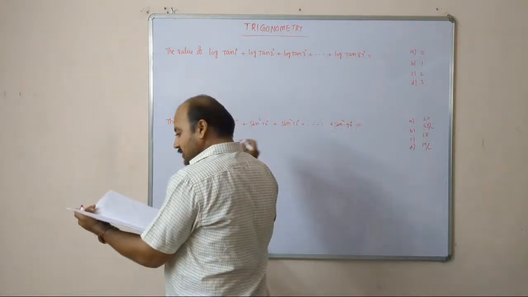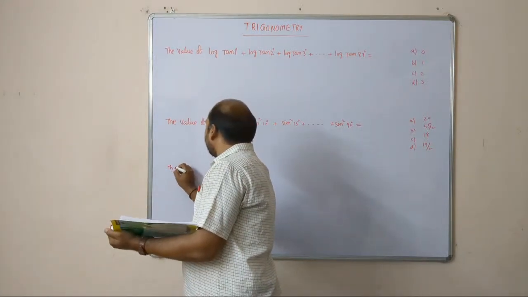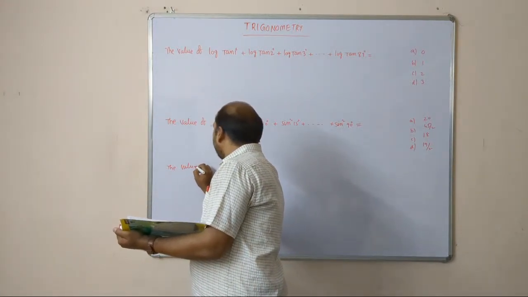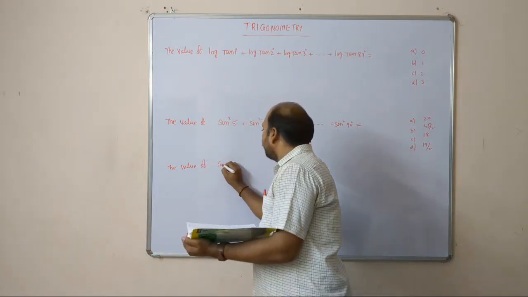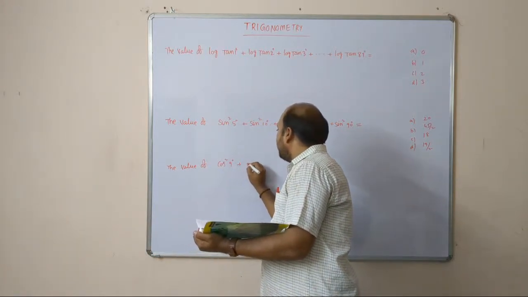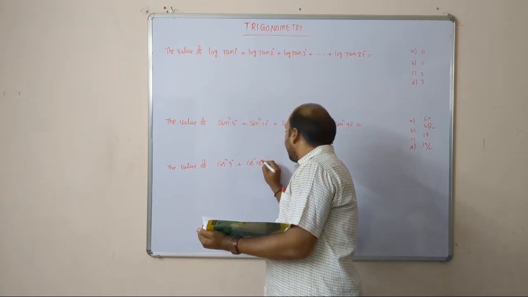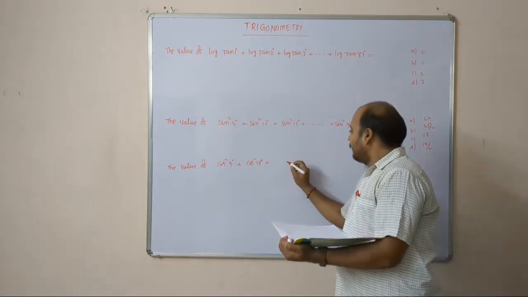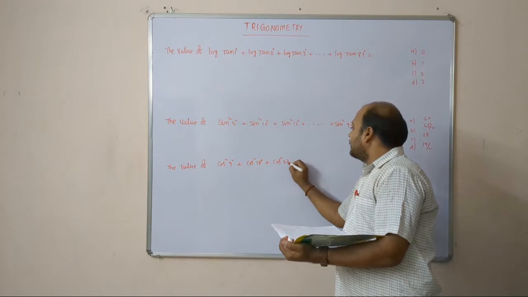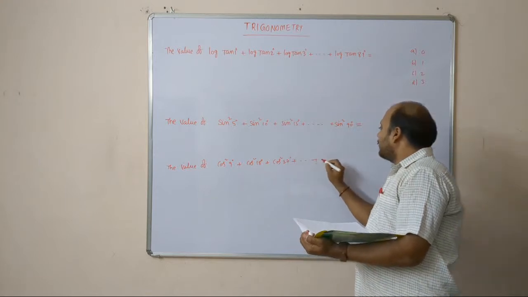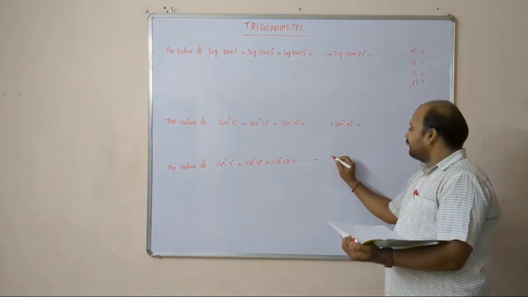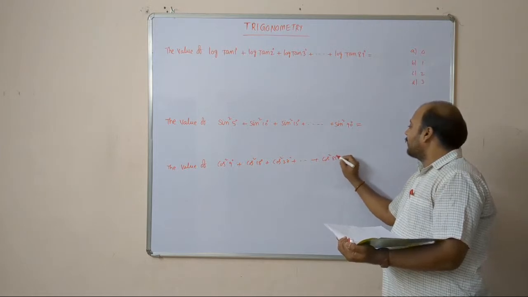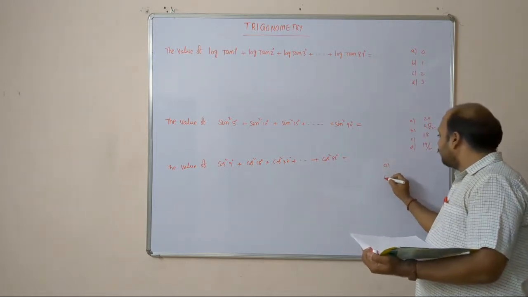Similarly, if cos comes, what can we do? The value of cos square 9 degrees, cos square 18 degrees, plus cos square 27 degrees, plus and so on, cos square 81 degrees equal to.